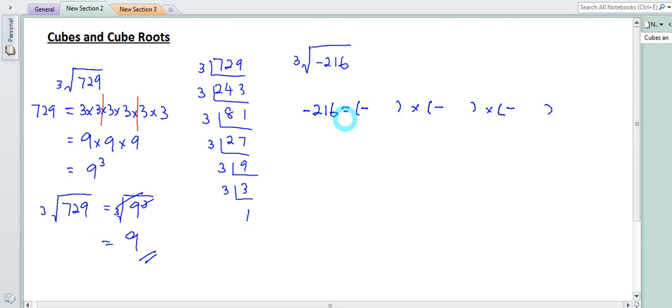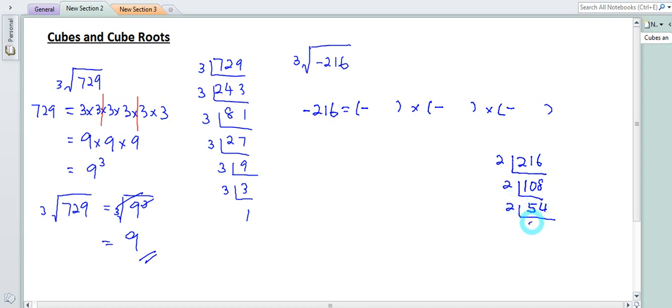And next thing, we just think about 216. What times what times what, you will get 216. We can use the prime factorization. 216, divided by the smallest prime number. I think I did divide by 2 first. Divided by 2.